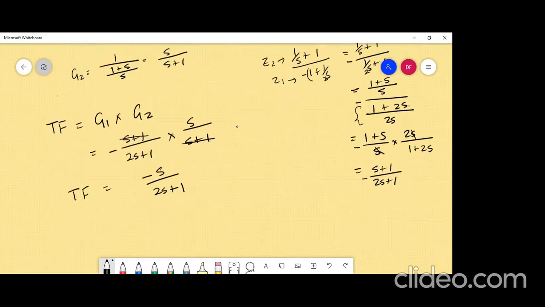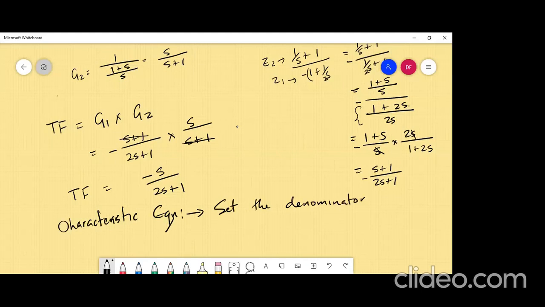The characteristic equation: set the denominator of the transfer function to 0.